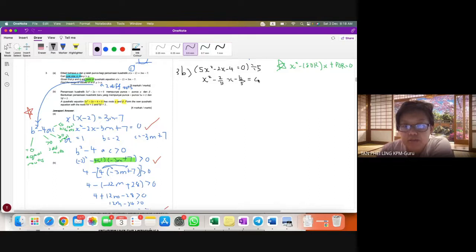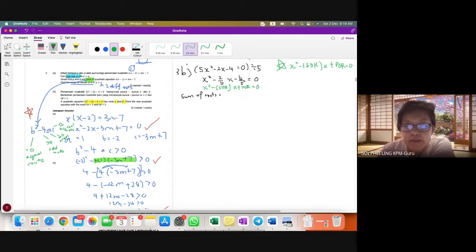Okay, so now you have your sum of roots. Remember, let us compare here. x squared minus my SOR x plus POR. It's always not wrong for you to write down again like this, top and bottom, for you to compare.